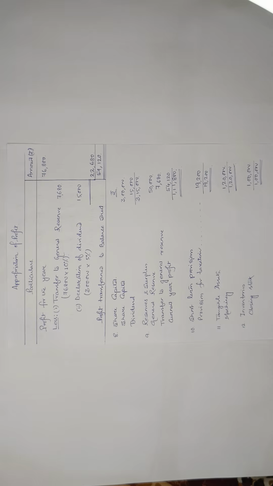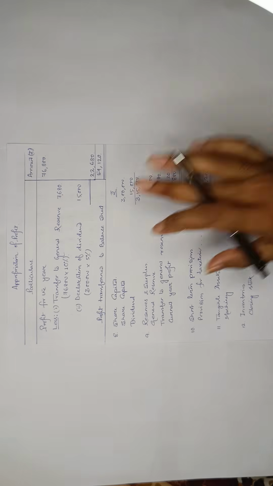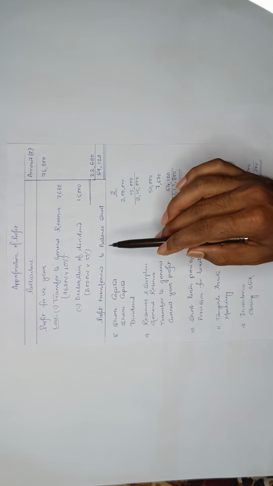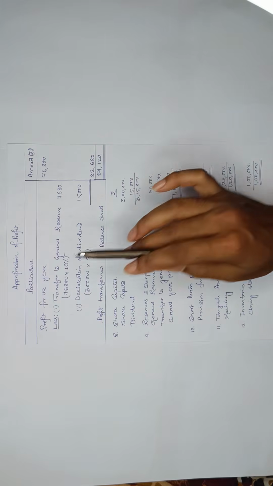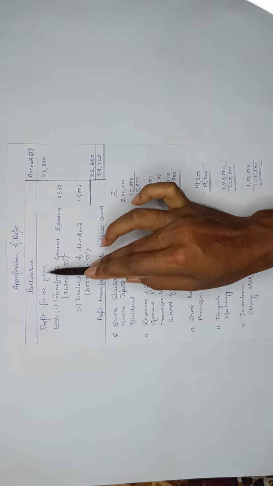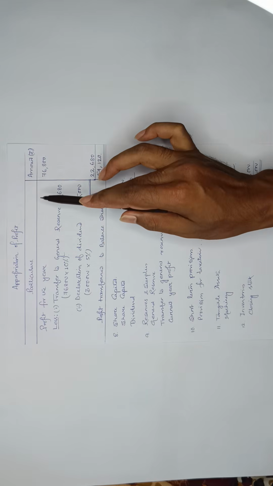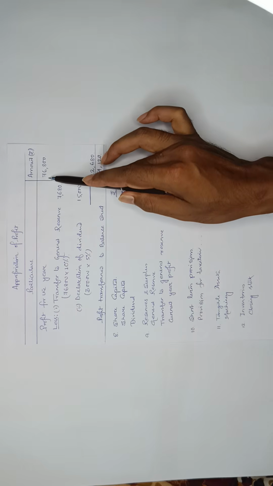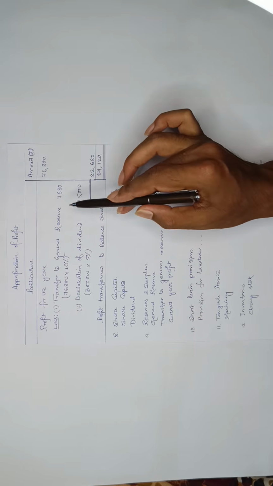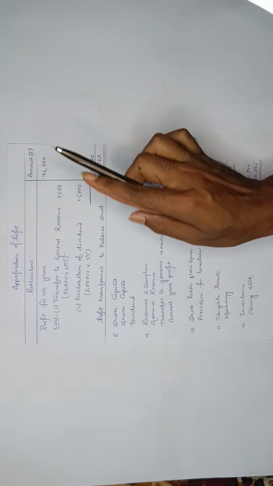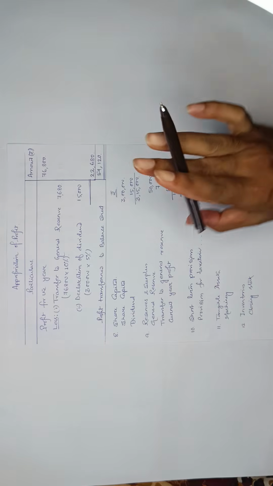If this kind of information is there in the question, then you need to show the appropriation of profit. Now how to prepare the appropriation of profit? It is very easy. Profit for the year, which I have carried forward from the statement of profit and loss, is 76,800. Clear? Fine. Now two pieces of information are given: transfer to general reserve and declaration of dividend.